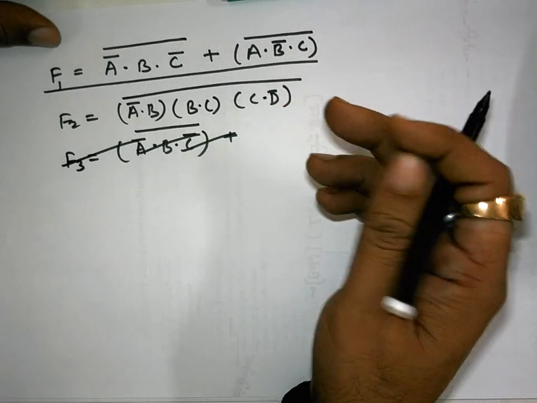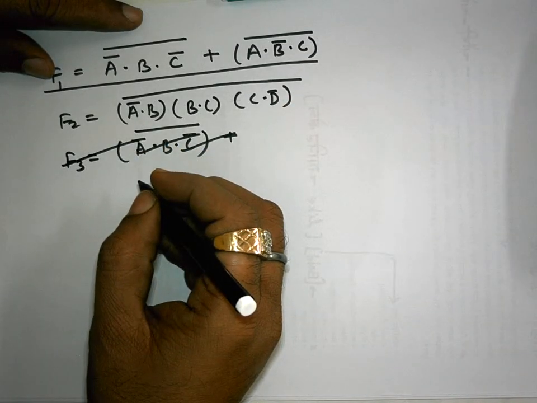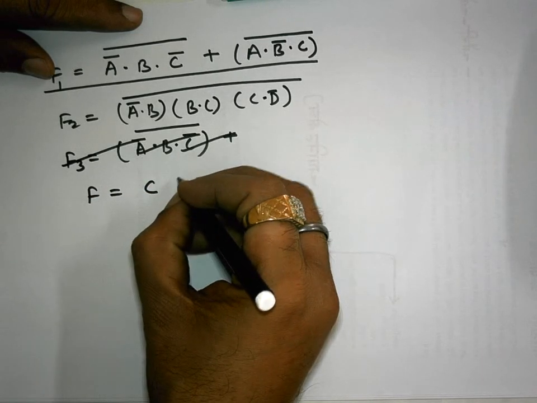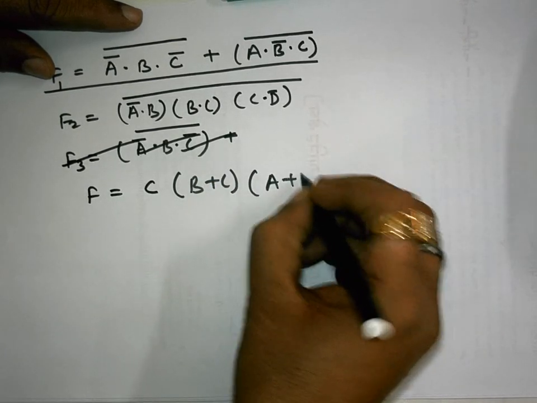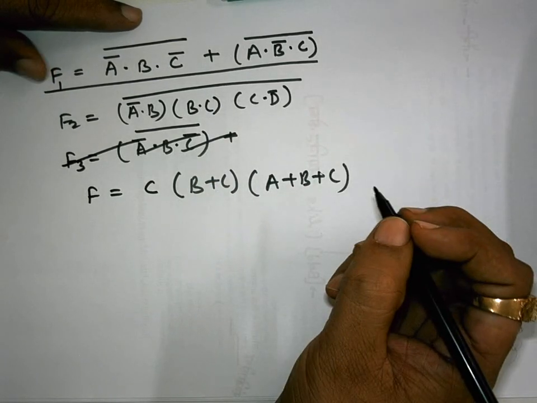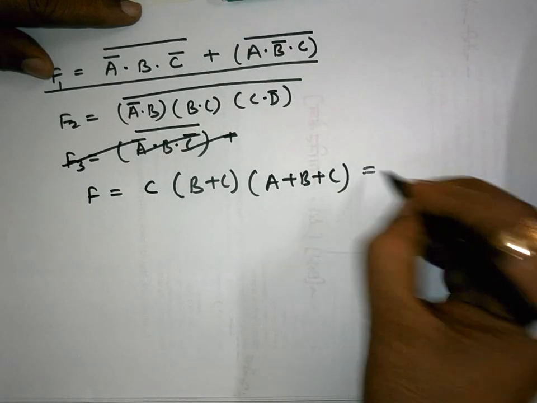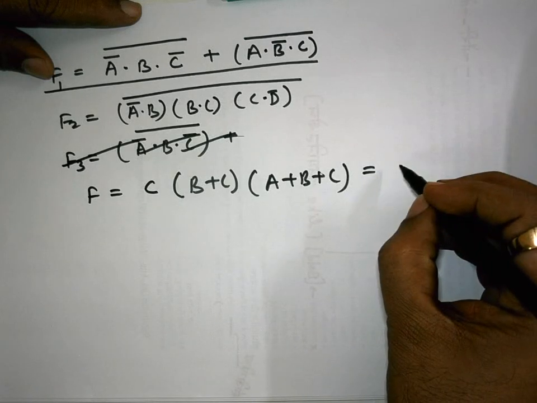So let us now proceed to simplification of Boolean functions. Suppose we have a function F equal to C(B plus C)(A plus B plus C), like this. So this is very simple to solve. You can reach the answer within 1 minute.